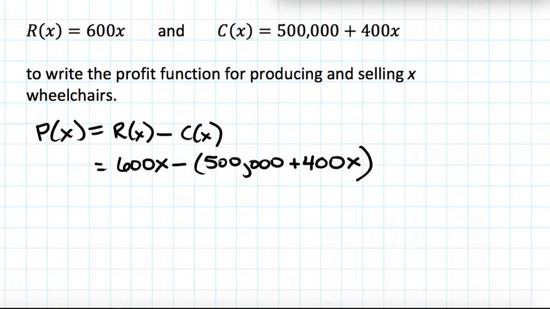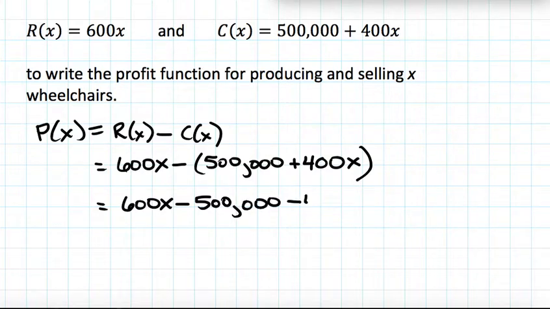So what I need to do is distribute that minus sign. So it's going to be 600x minus 500,000, and then minus 400x. So this minus sign gets distributed.